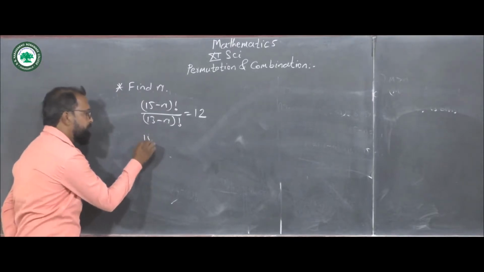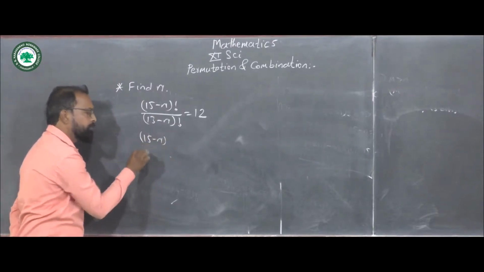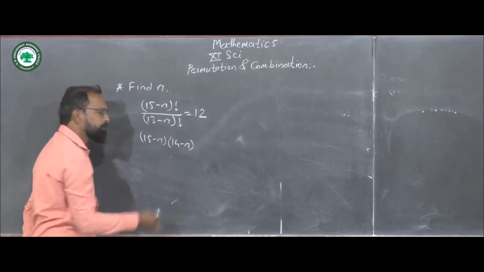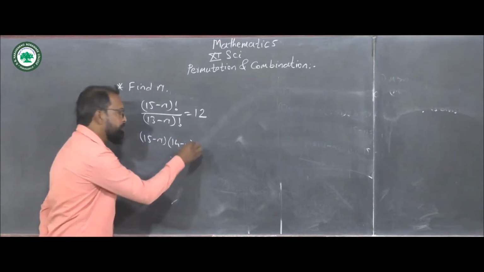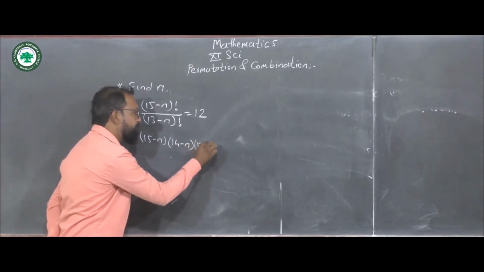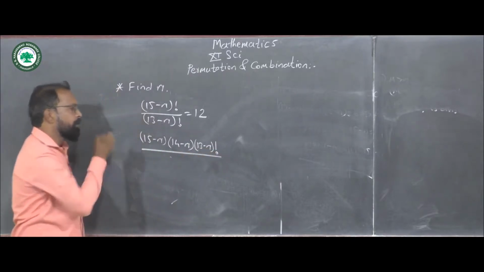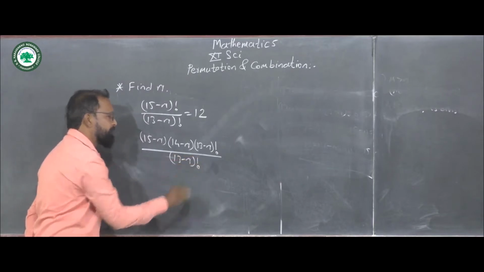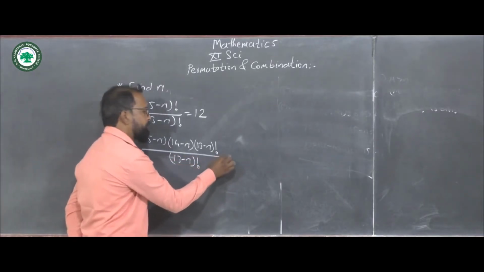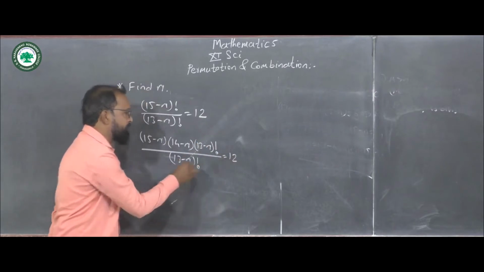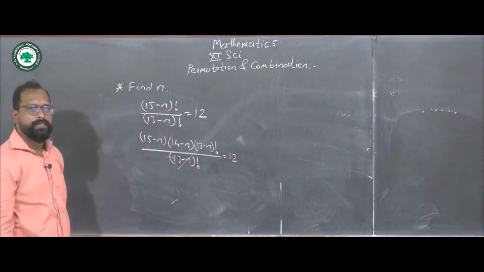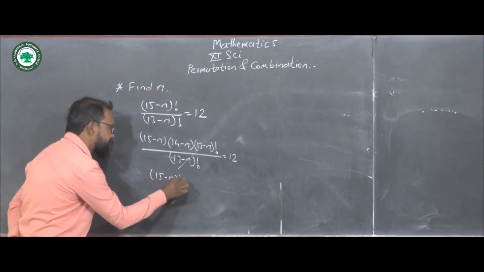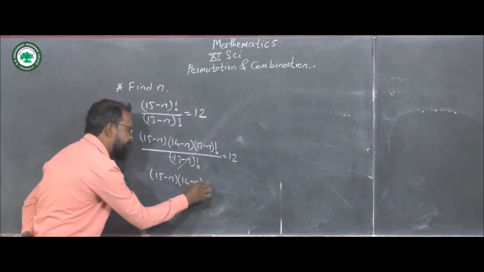The numerator can be written as 15 minus n into 15 minus n minus 1, which becomes 14 minus n, into 13 minus n factorial, divided by this 13 minus n factorial, equals 12. Now this 13 minus n factorial gets cancelled. So the remaining terms are 15 minus n into 14 minus n equals 12.